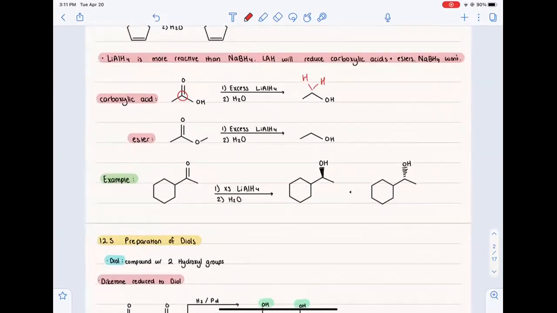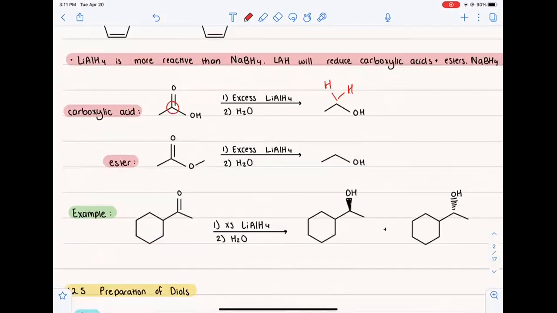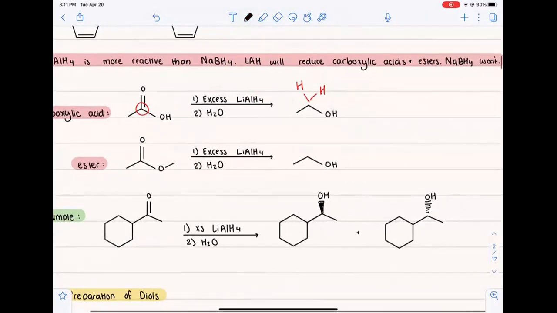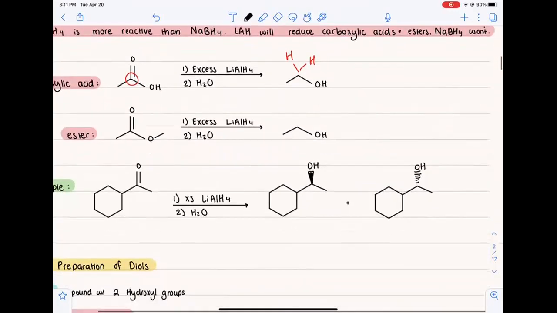Yeah, so if it didn't have the excess in front, would it just have one hydrogen attached? If it did not have excess, then we would only have gone through half of it. So this would have a minus sign on it, and then we would have a hydrogen like this.